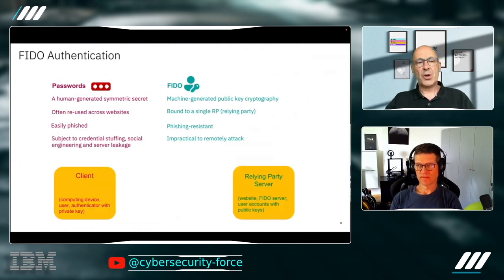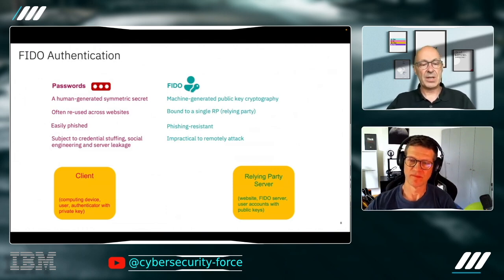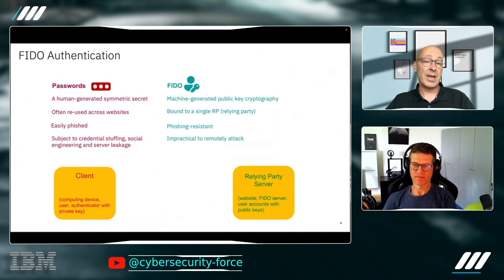And in FIDO, there are two parties. There's the client on the one hand, that's you trying to access services. So you have your computing device, a smartphone, a PC, a workstation, and so on. And then you also have your authenticator, something that will authenticate you. This is where the private key is residing.